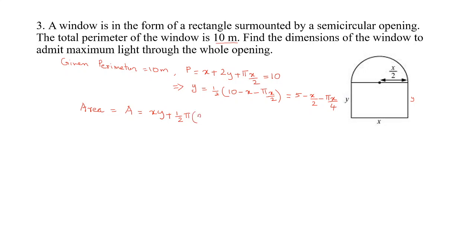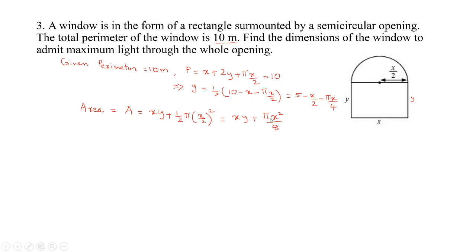R is x by 2, so x by 2 is the radius here. So it will become xy plus pi x square divided by 8. So this is the area of the window.